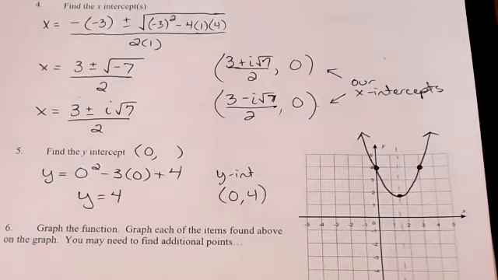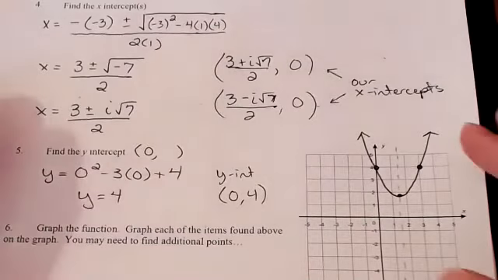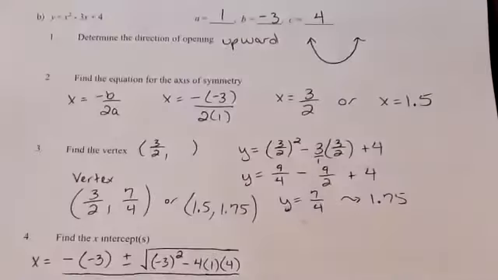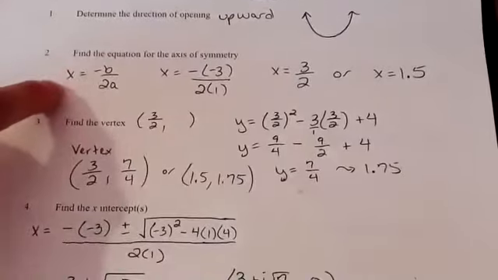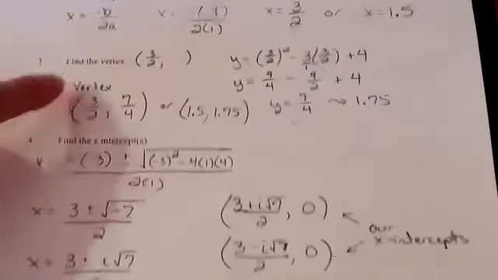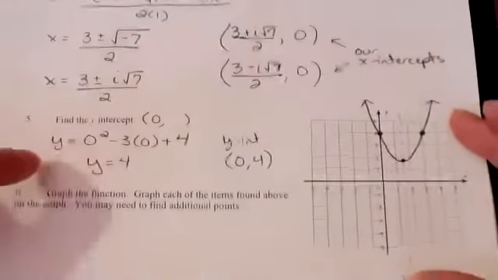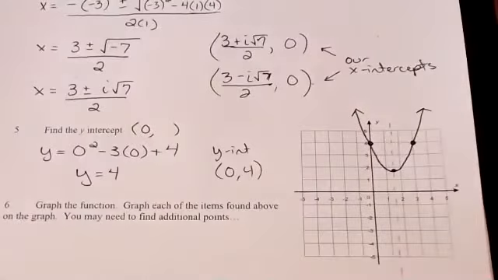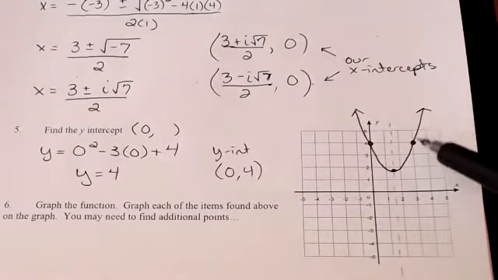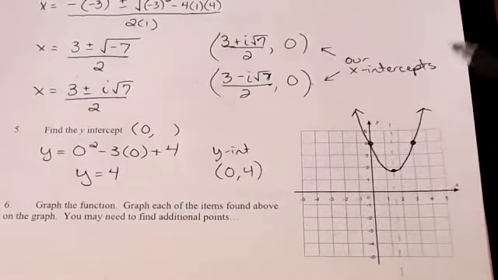Excellent. Every time you graph parabolas, this is essentially the process you'll want to take. Determine the direction, axis of symmetry, find the vertex, find the x-intercepts, find the y-intercept, and then go to town graphing. Notice in this case, I wanted to have that extra point so that I could make that U shape. I wanted it to look as close to reality as possible.